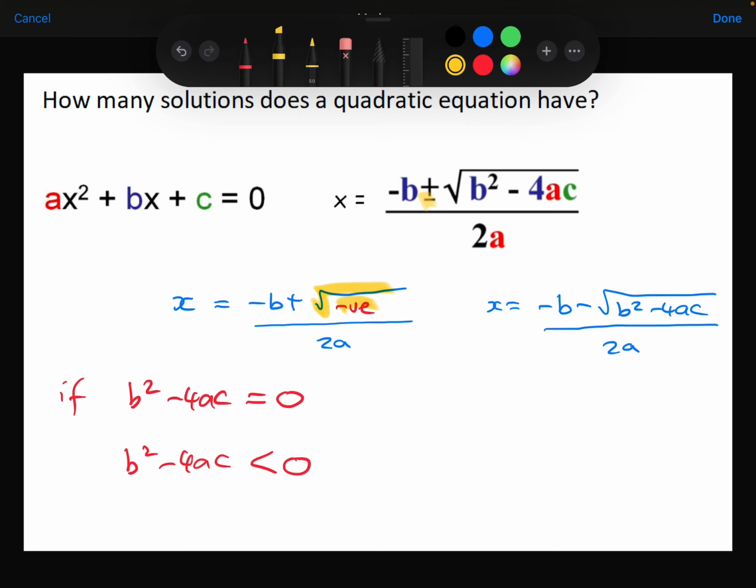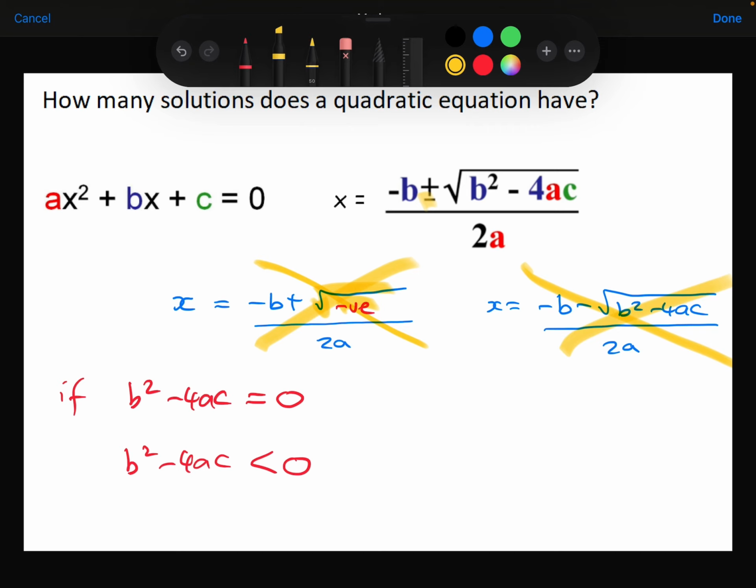You can get complex solutions, and those of you that do further maths will learn about that. And the rest of you, if you're interested in complex numbers, do ask me. I'm happy to explain that to you. It's quite interesting. But in terms of real numbers that we are used to dealing with, because we can't square root that negative number, there are no answers at all to the quadratic equation.